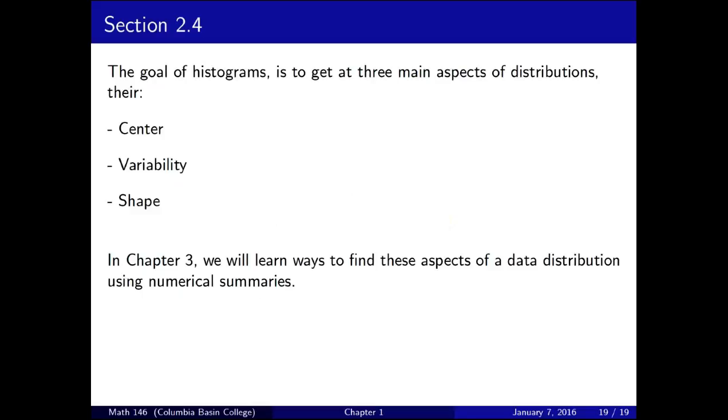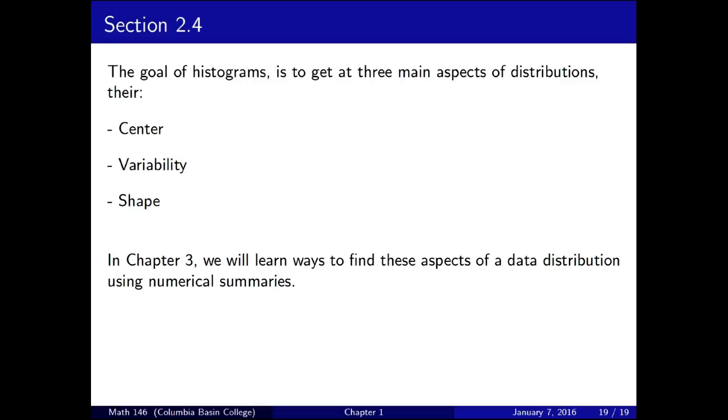So the goal of the histogram and the goal of graphs in general is that there are three main characteristics or aspects of distributions that we're really trying to get at. Those three main things are the center, like where's the middle, what's the average or median. The variability, which means how spread out is the data? Is it all condensed in one little area, or is it very much spread out?